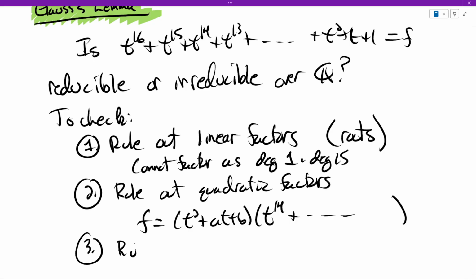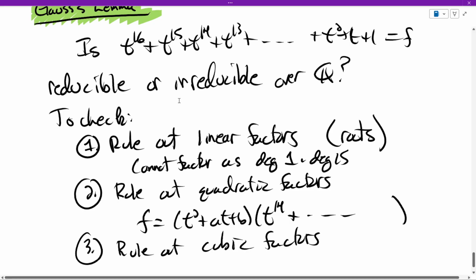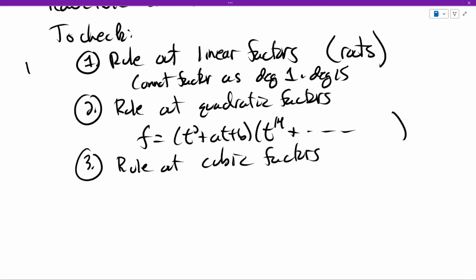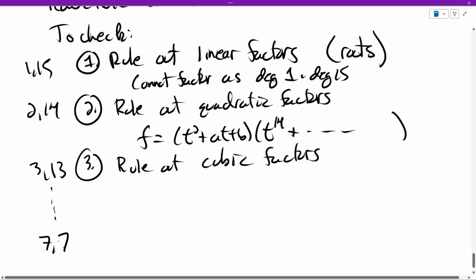If we can't, we would then need to rule out cubic factors. And we have to keep going for all possible ways of having two polynomials have their degrees sum to 16. So this is 1 and 15, this is 2 and 14, this is 3 and 13, and so on, and then we'd have to go all the way down to 7 and 7. This is a nightmare. I hope we can all agree that this is not something that we want to do.